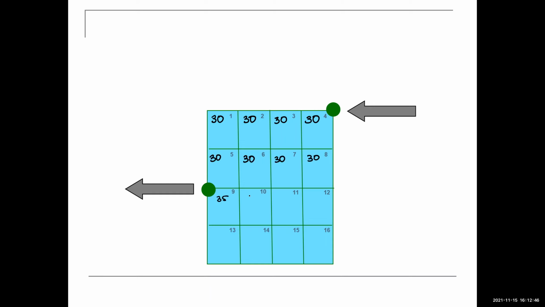This is 35, 35, 35. So those are F values, 45.